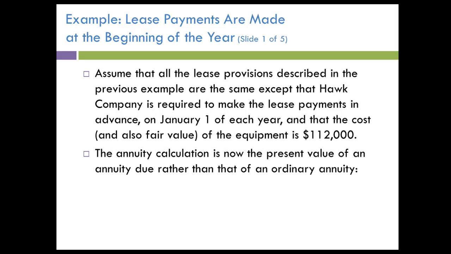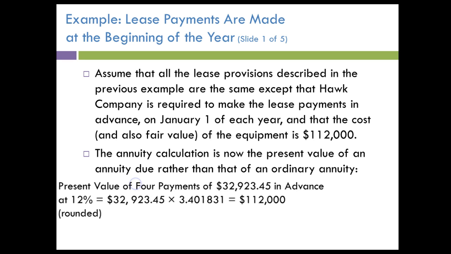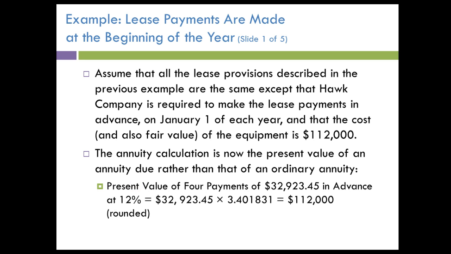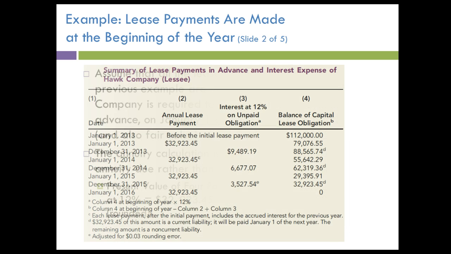And we're showing the cost and the fair value of this equipment as $112,000. So now we're going to use a different chart for this. It's going to be the annuity due table instead of the ordinary annuity table. So when we look at the present value of these annuity due, we're going to have $112,000 here.